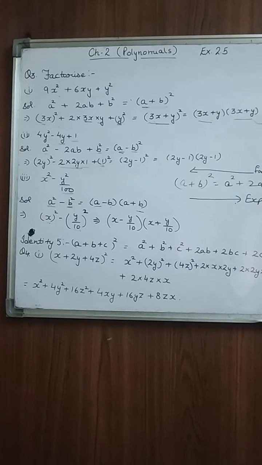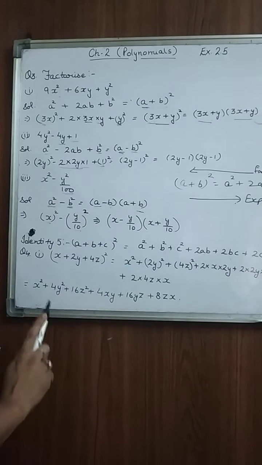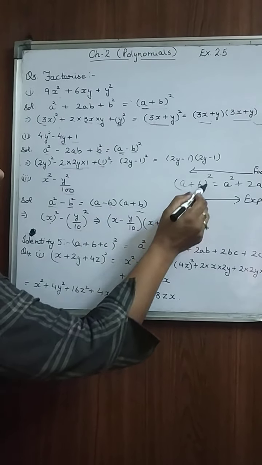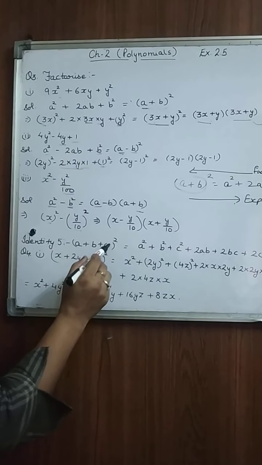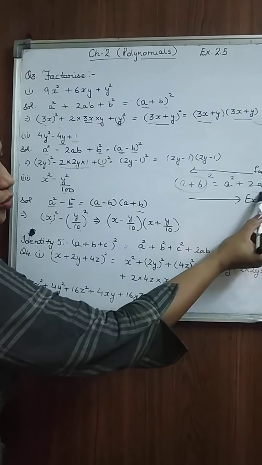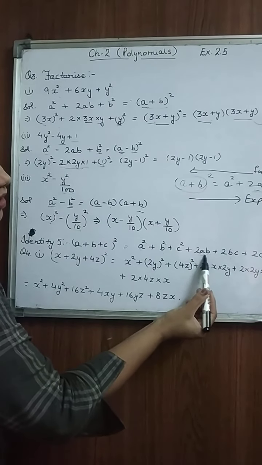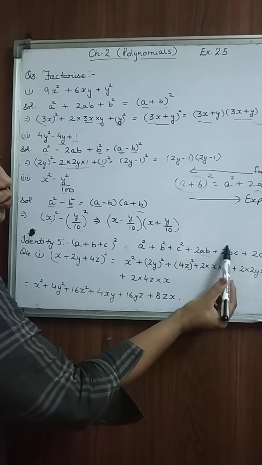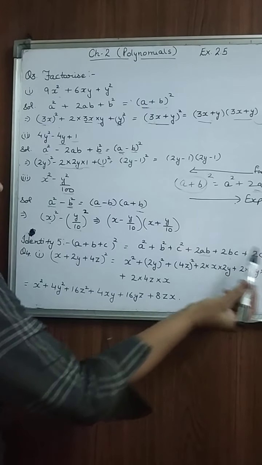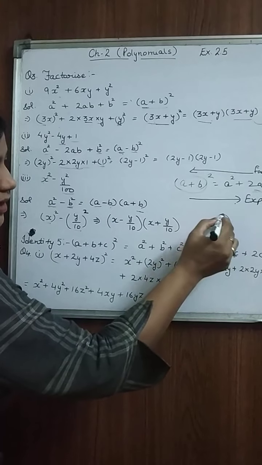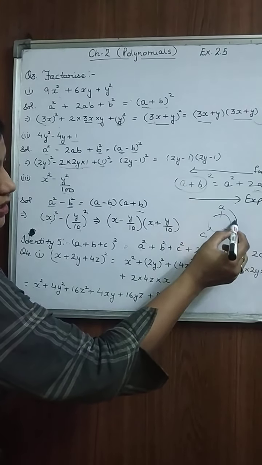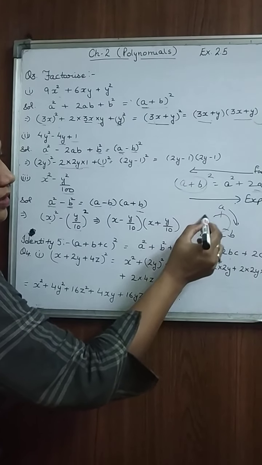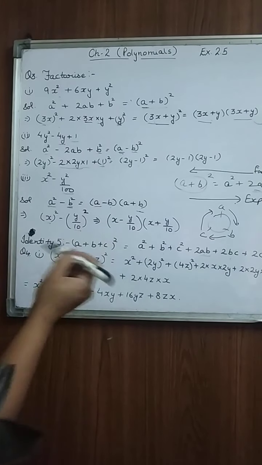It is a little different from (a + b) whole square, because there we had two numbers and now we have three. Here we were taking only 2ab. Here we have to take 2ab first, then 2bc, then 2ca. This is in the cycling form a, b, c: take ab, then bc, then ca, in this way.